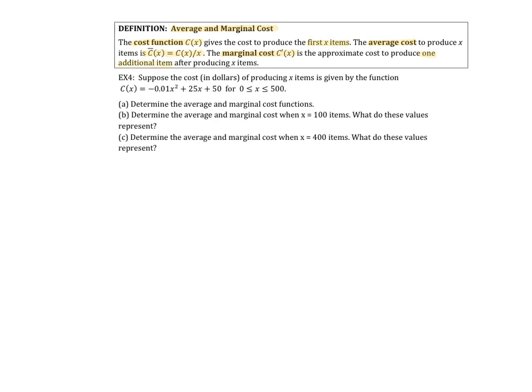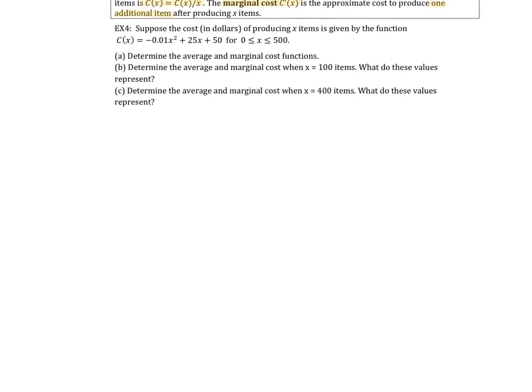In business, you want your marginal cost to be lower than your average cost, because that means that the more items you produce, the less it costs to produce each item. If you find that your marginal cost is actually larger than your average cost, then you better rethink your business.